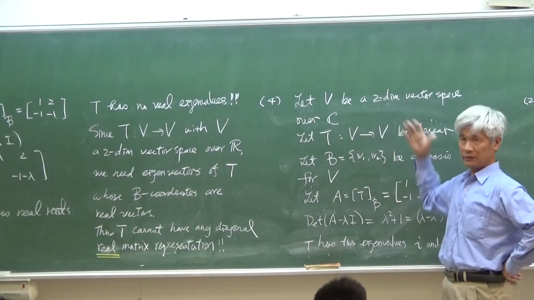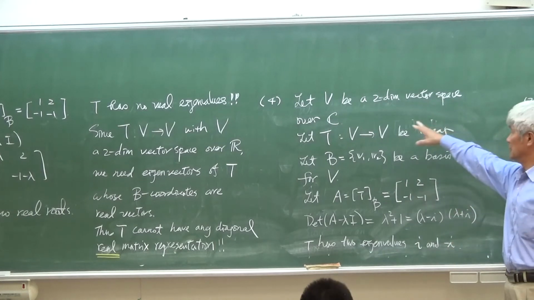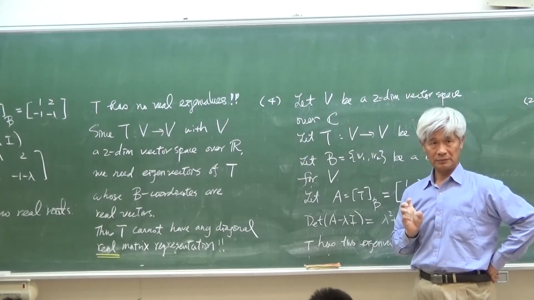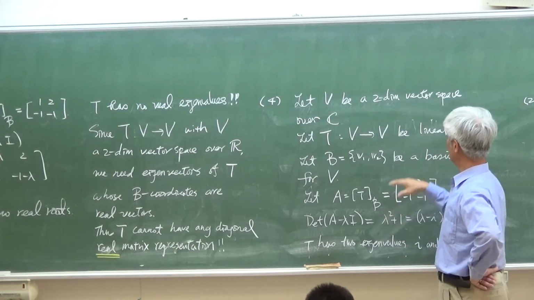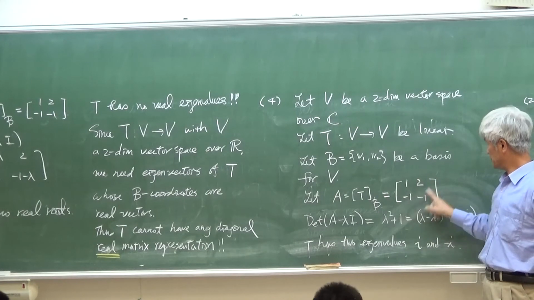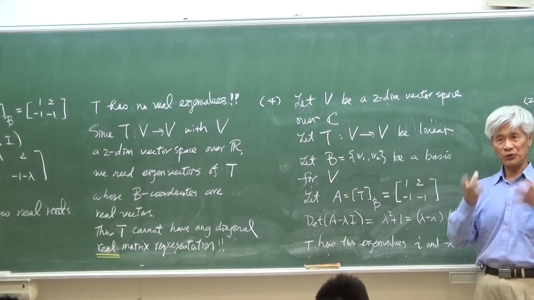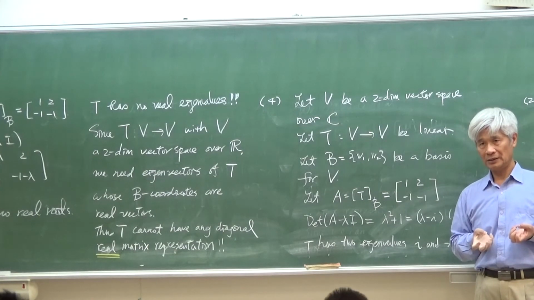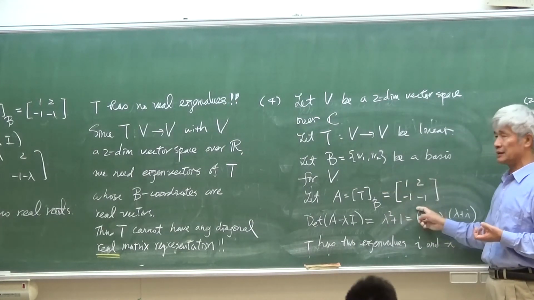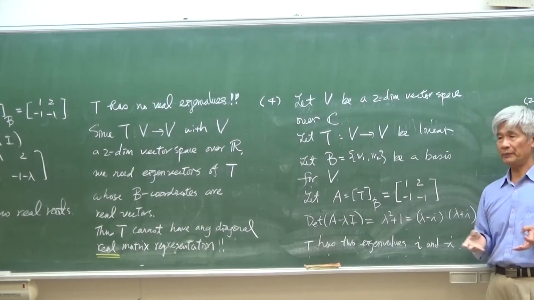Because we are allowed to use complex numbers, since our scalars are complex numbers. Even though the matrix representation appears real, it is also a complex matrix, right? Because a real number is also a complex number. So in this case, you should interpret this as a complex matrix. Okay? It's a complex matrix.